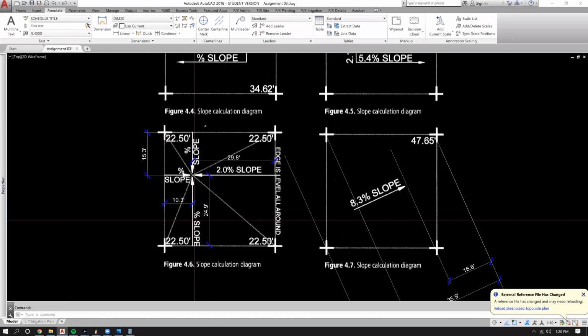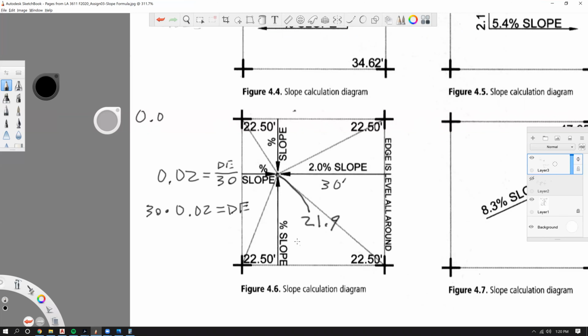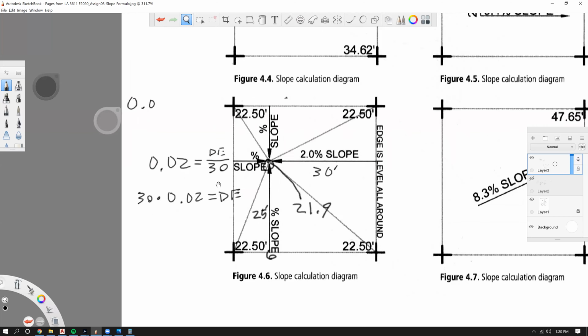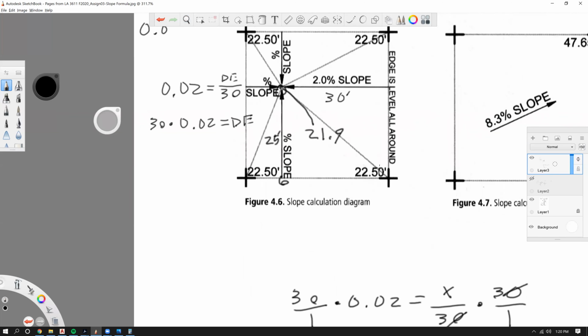We'll do this 25 foot down here. So this one, the length is 25 feet from here to here, right? So this line. The difference in elevation is 0.6. We're trying to solve for the slope.